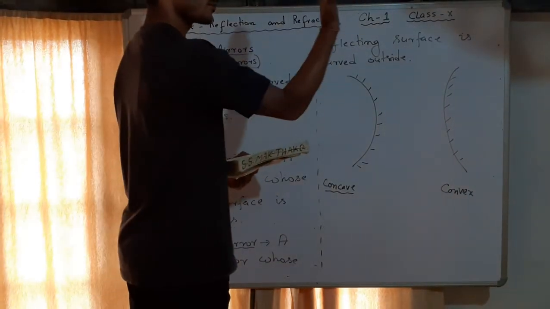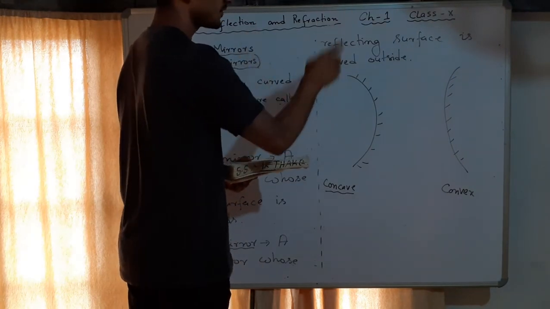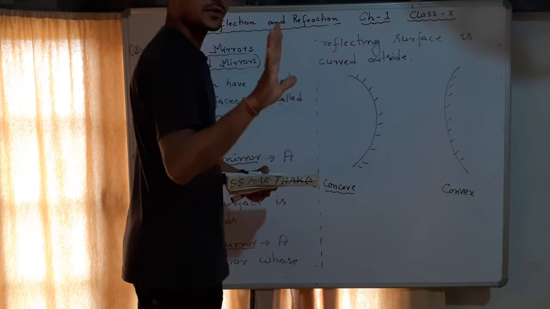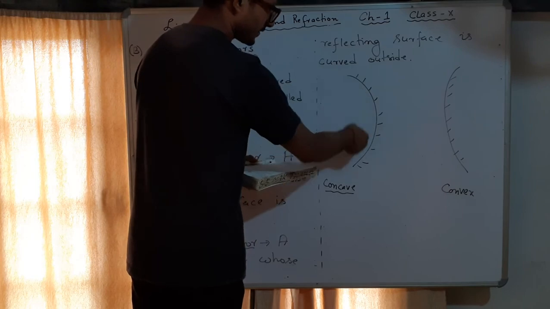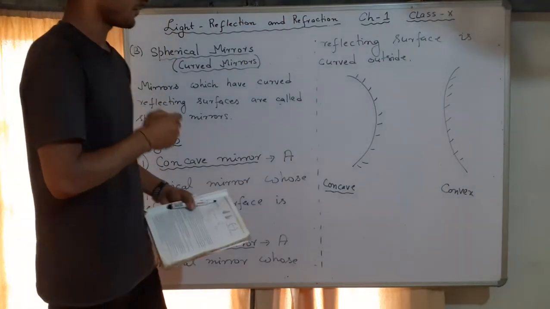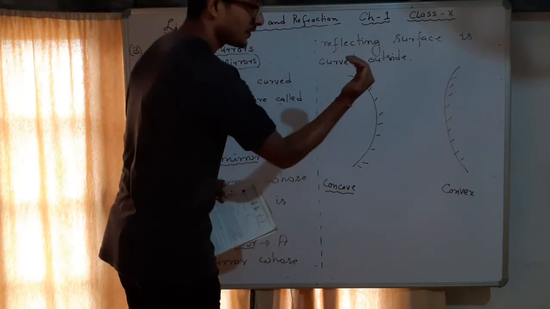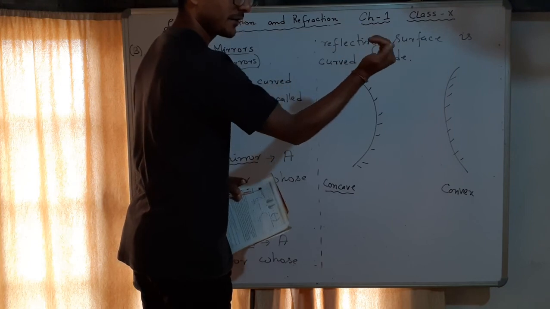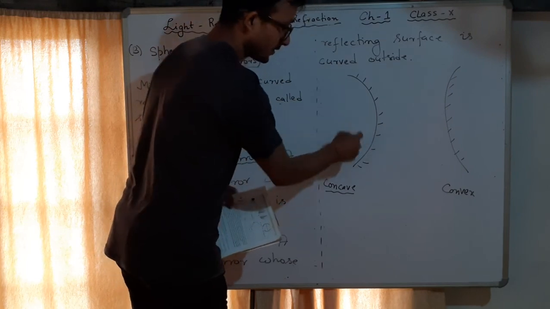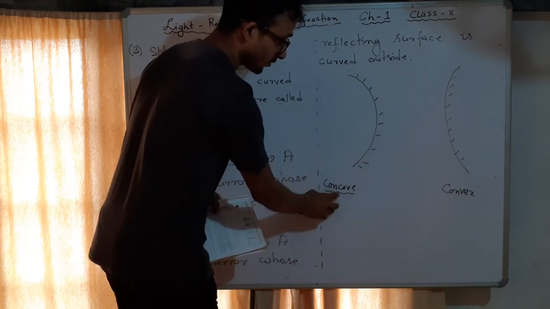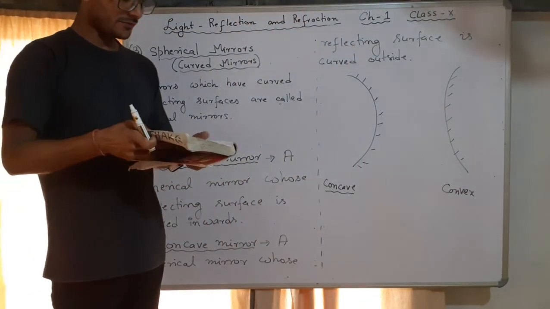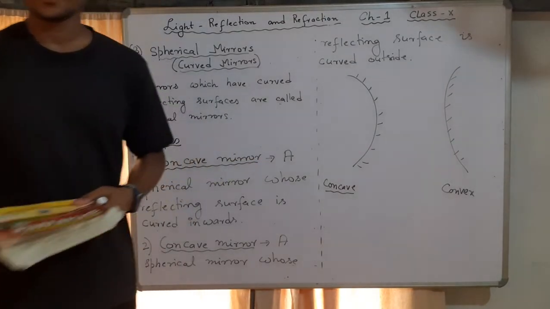If it is curved inside, the reflecting surface is this one, not this one. This is the rough side where there is no reflection, no image you can see. From here, inside curve, and this is outside. Now, to remember easy way is cave. If the reflecting surface looks like a cave, something like this, inside animals live. So if this looks like a cave, the reflecting surface, that is concave. The other one will be convex. Okay. So there we stop. In the next class, we try to write the details inside the mirror, more technical terms. Thank you.